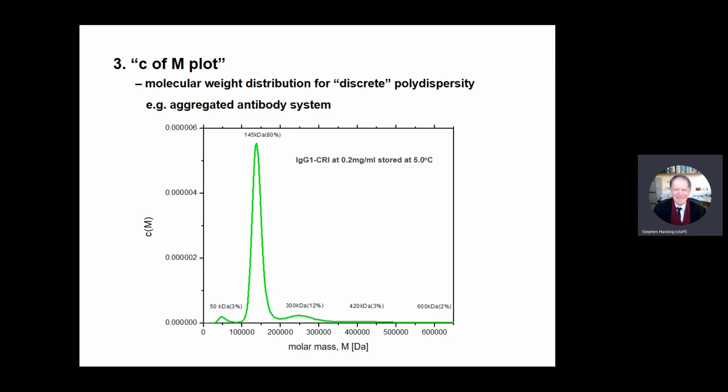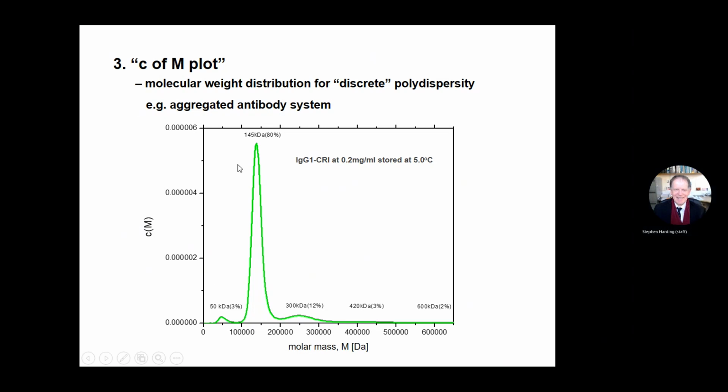And you can convert the sedimentation coefficients into a molecular weight distribution based on the knowledge of the conformation, or assumptions of the conformation. There's that power law equation which we've been talking about, which can convert this.